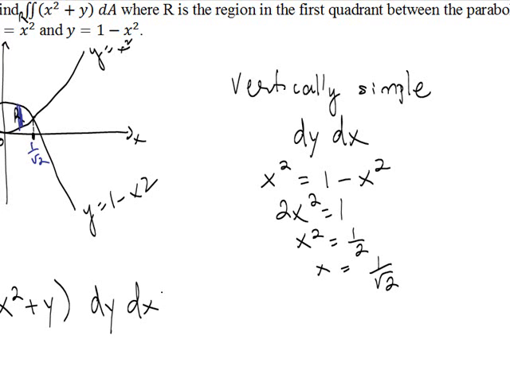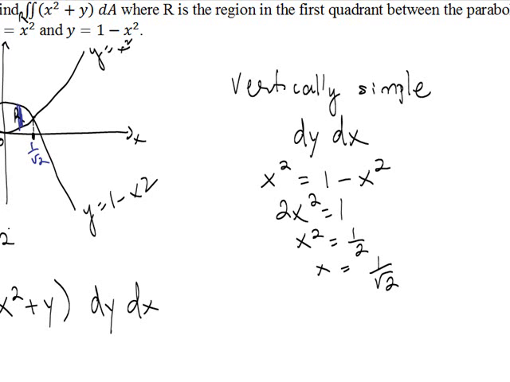Can anybody tell me what are the x limits? Good. 0 to 1 over square root 2. And now the y limits. It's vertically simple, so we look at the region, we go in bottom to top. Curve at the bottom to curve at the top: x squared to 1 minus x squared.